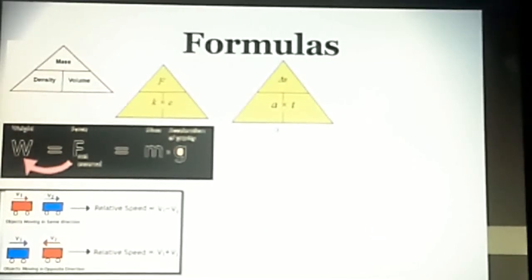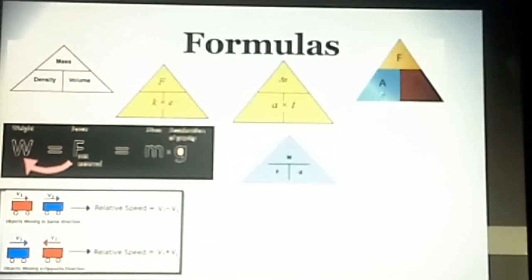The other one is to work out acceleration or velocity. Acceleration is equal to change in velocity divided by time, and velocity would be equal to acceleration times time. Then this is force is equal to mass divided by density. Then pressure would be equal to force divided by surface area.